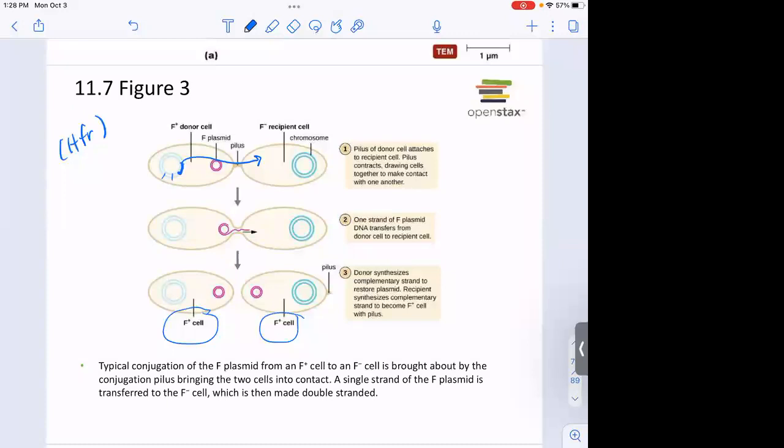Okay, let's see, make sure I didn't forget to say anything. Okay, all right, any questions there? Yeah. So what's the purpose of a fertility plasmid?